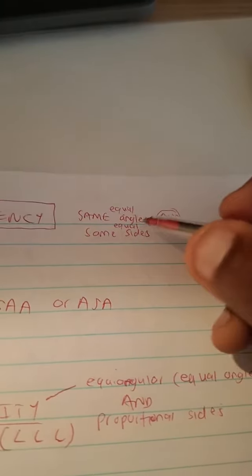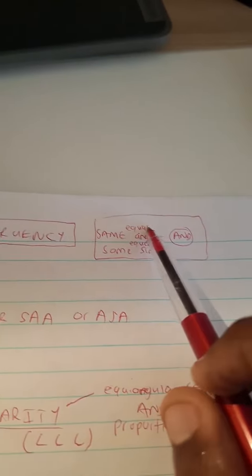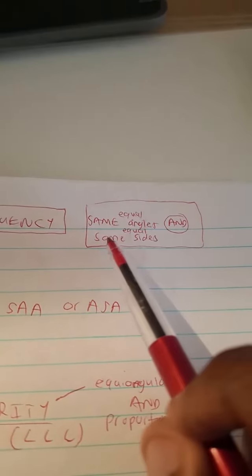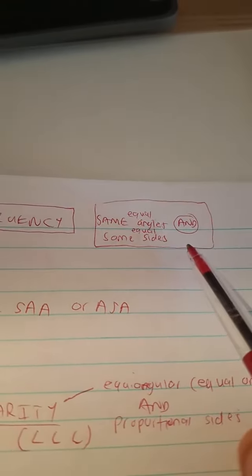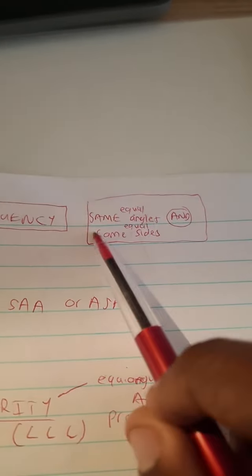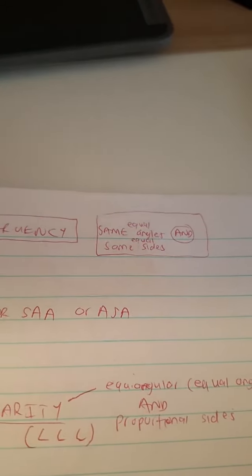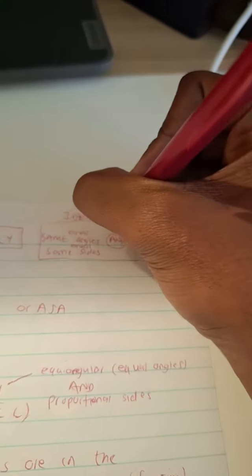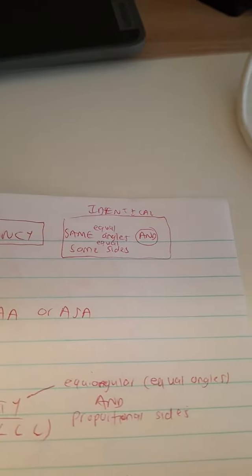Now, can you agree with me about something? Remember when we defined congruency, didn't we say that when shapes are congruent, it means that they have the same equal angles and the same equal sides, the same equal corresponding angles, the same equal corresponding sides. That's what congruency means, because congruency speaks to things being identical, the same.